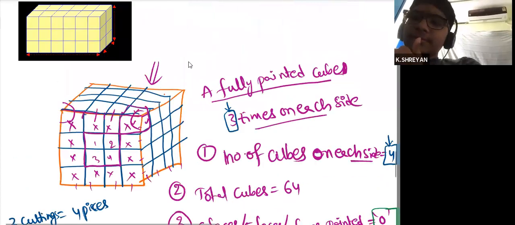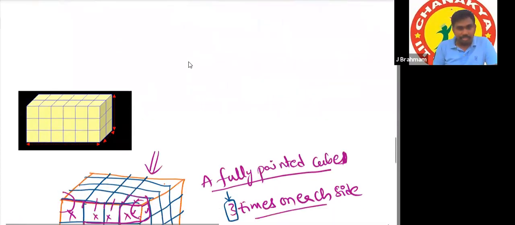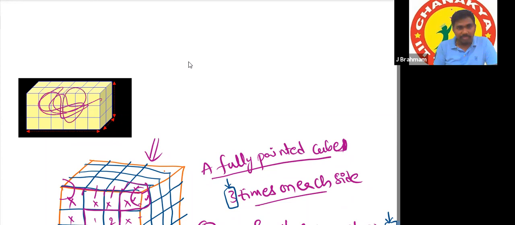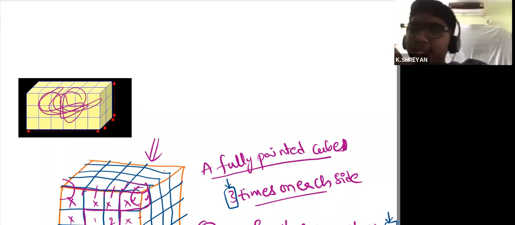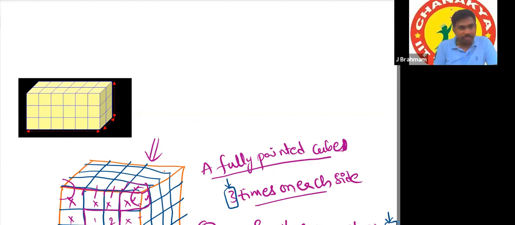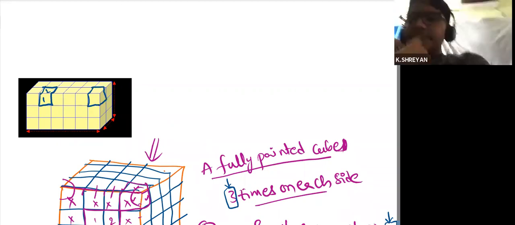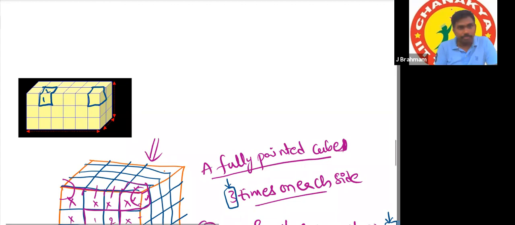See. Suppose I paint this total cube with one color. And this cube is painted on how many faces? 1, 2. Okay. This cube is painted on how many faces? 3.